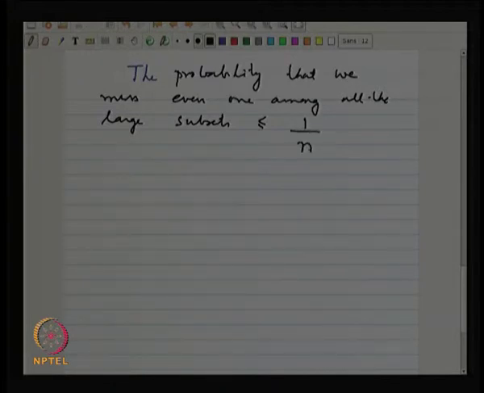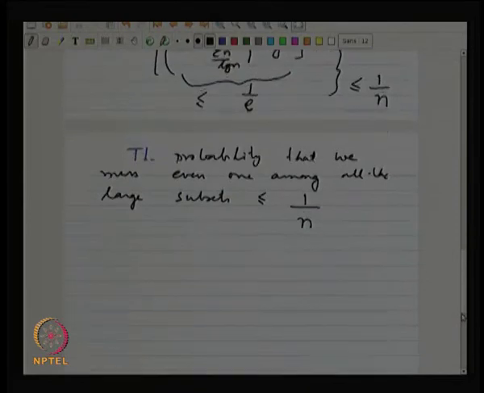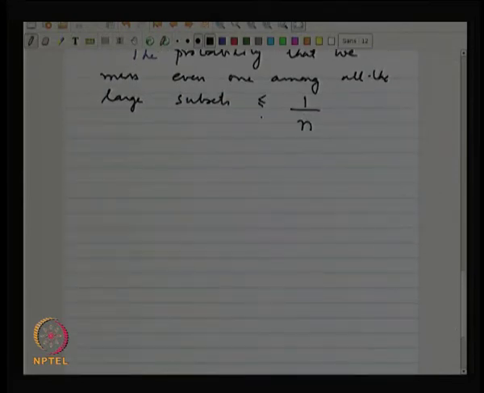Now, I am writing 1 over n, but as I said, we can make it even 1 over n to the power c by a corresponding c there. But let me not add the c. If I assume that the number of large subsets is not that large, it is basically going to be multiplied by the number of large subsets. Right. So, certainly my probability of failure is no more than the sum of these probabilities.